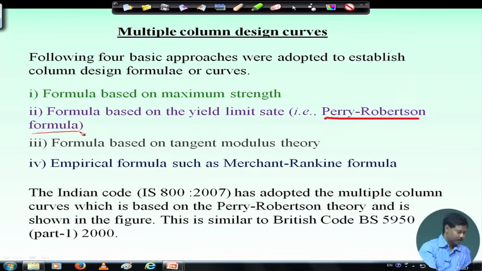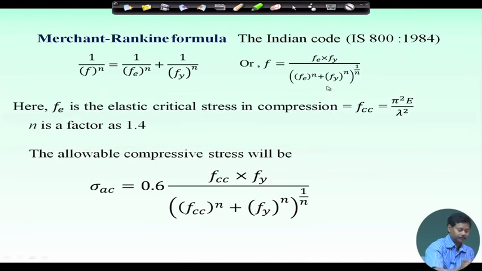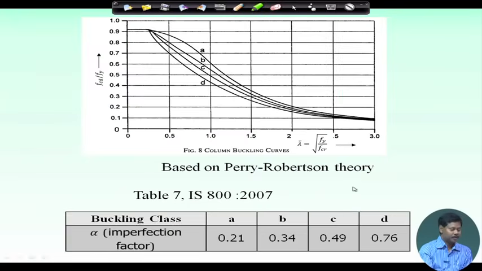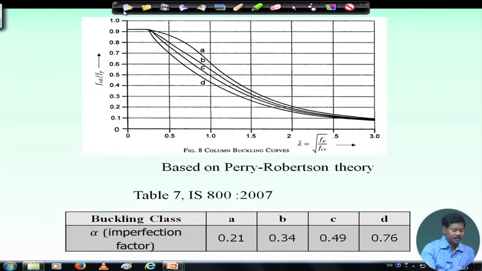According to the Perry-Robertson formula, the multiple design curves have been adopted by the IS code. In IS code figure 8, in IS 800 2007, these column buckling curves are given, and this is based on the Perry-Robertson theory.